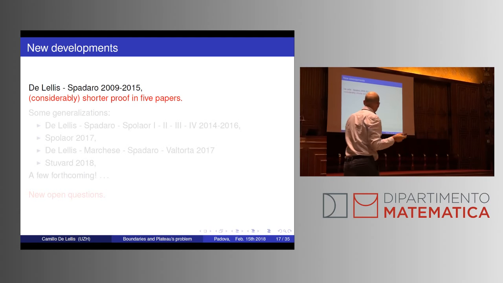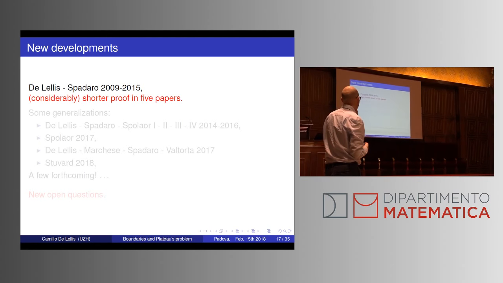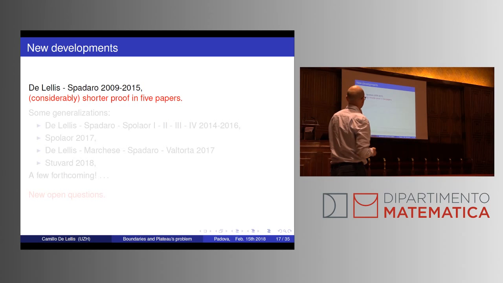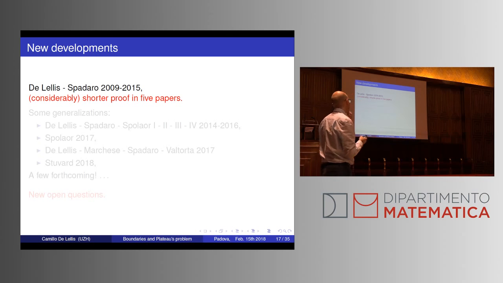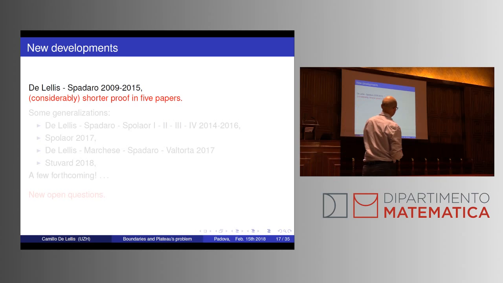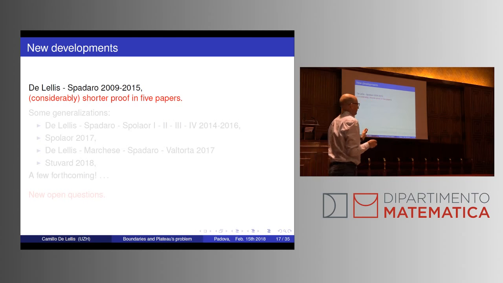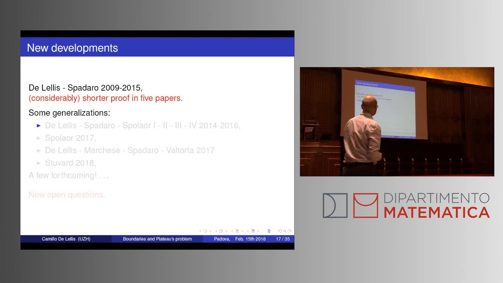Okay, so Fabio was mentioning that one of my works has been, in the last years, to actually produce a shorter proof. So together with my former PhD student, Emanuele Spadaro, from 2009 to 2015, we have produced a shorter proof in 5 papers, but they are papers of normal size. And this has some added values, so there are some generalizations.